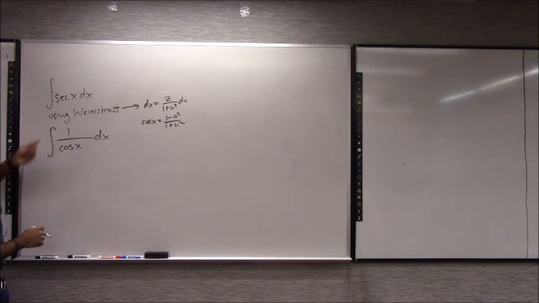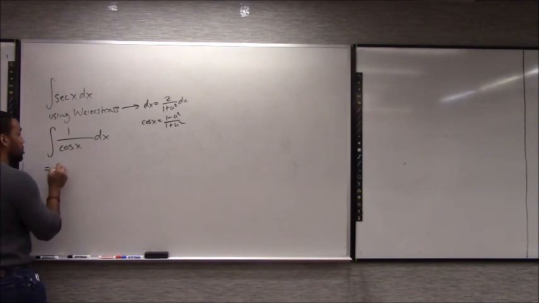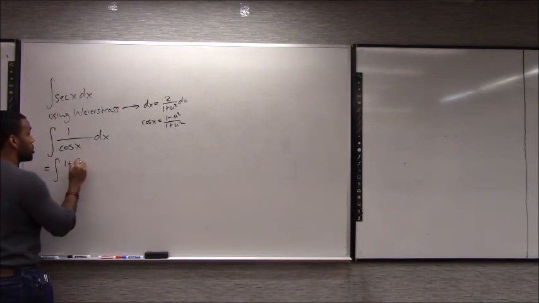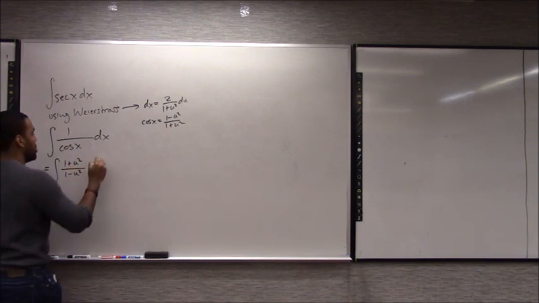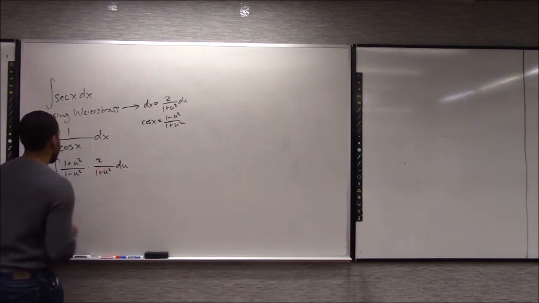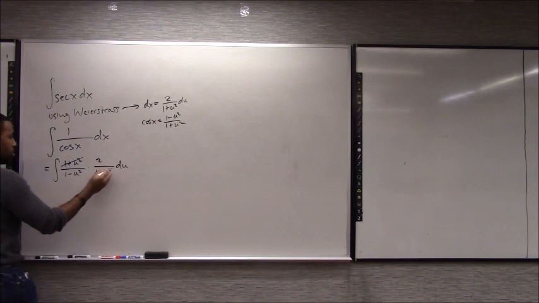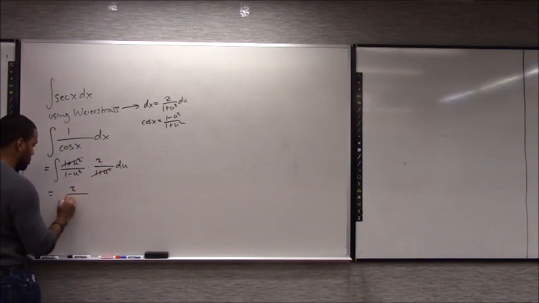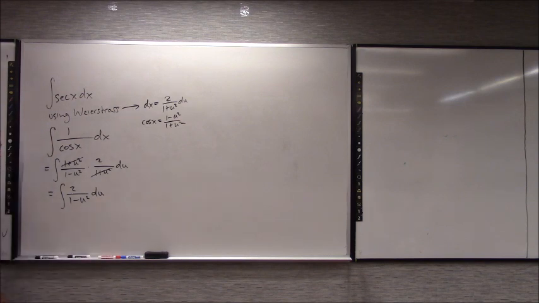You have the 1 over cosine, so you kind of flip these. So it is going to be the integral of 1 plus u squared over 1 minus u squared times 2 over 1 plus u squared. And so those are going to cancel. So we just need to be able to solve that integral.